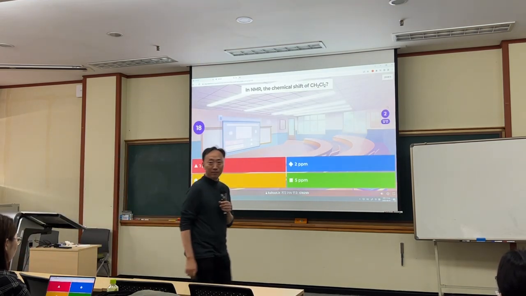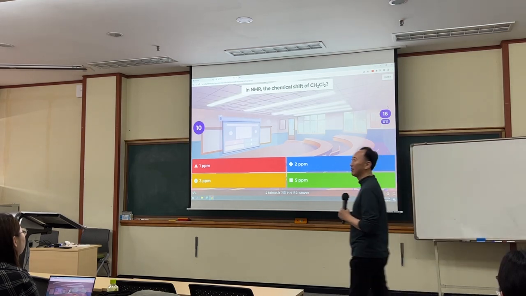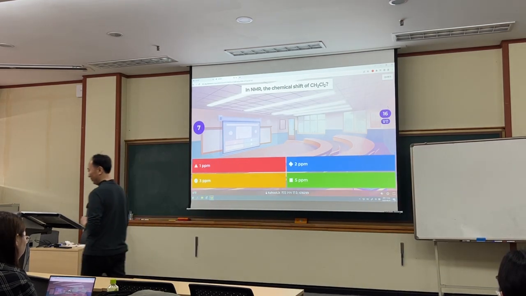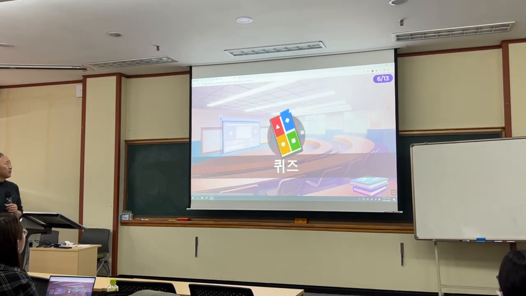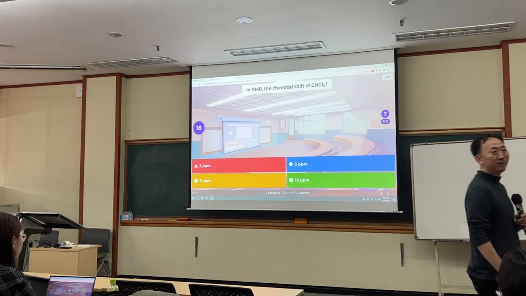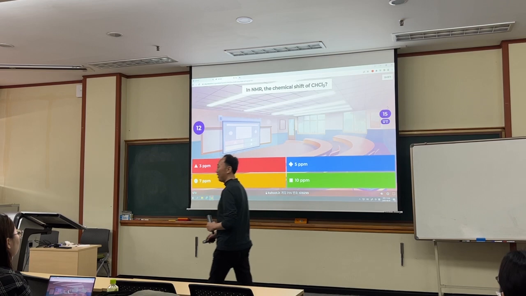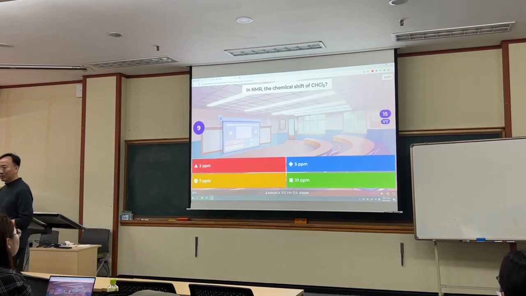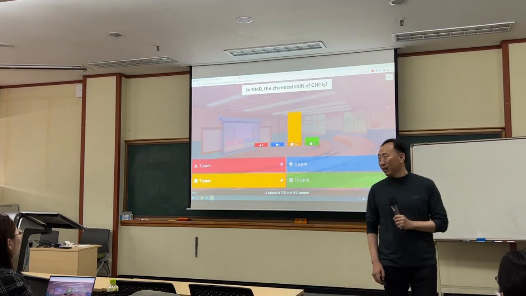Two heteroatoms, about 5 or 6. Three heteroatoms, about 7.